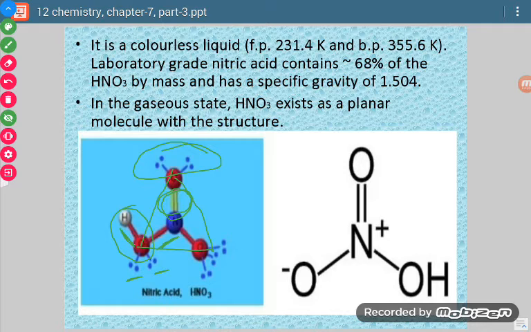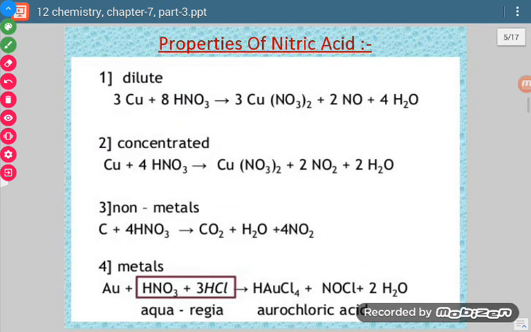Now since nitrogen makes 4 bonds, it will carry a positive charge. And the oxygen where a single bond is present will have more electron density, so it will have a negative charge. So this way we can represent the structure of nitric acid.